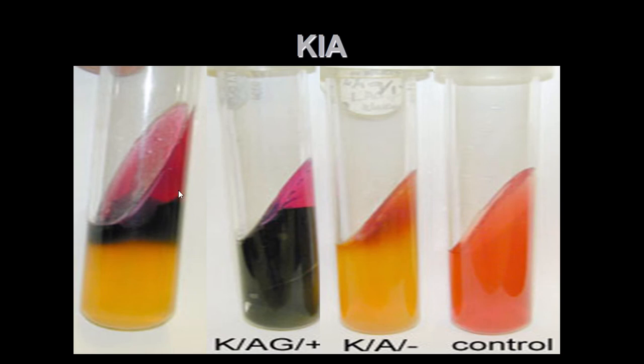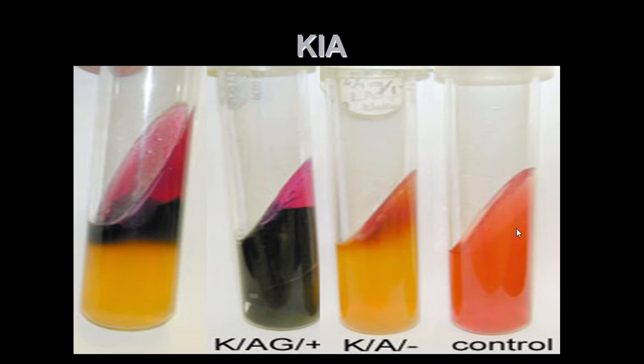So this is, for example, the tube that is just a black over no change. Here K over A, K means alkaline, A acid, and G means gas that is produced. K over A negative means no bubbles or no gas is produced.